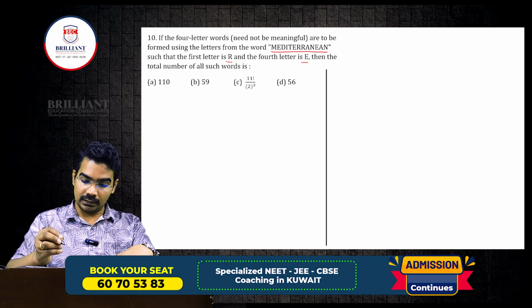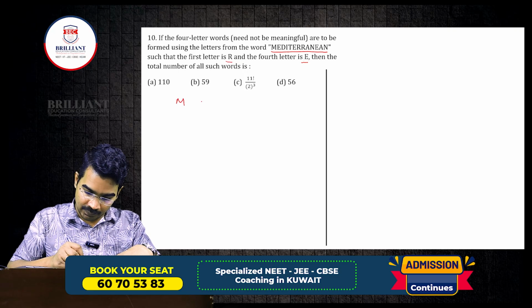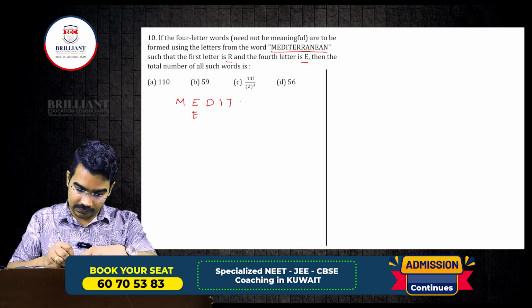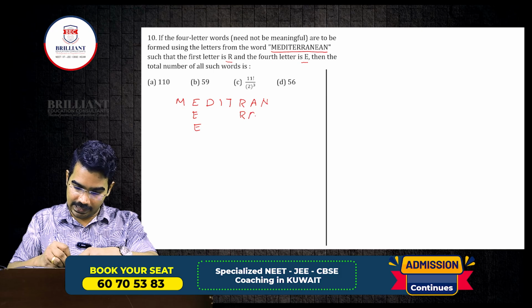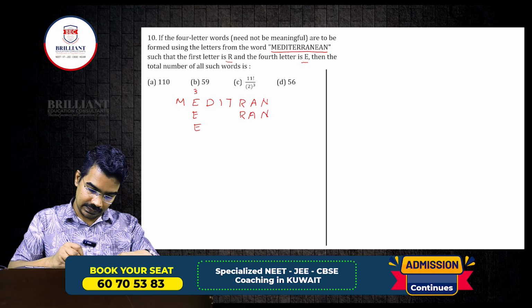So we have M, E, D, I, T, again E is coming, R, then again R is coming, A, N, then again E, then again A and N. So you have 3 E's, 2 R's, 2 A's and 2 N's.